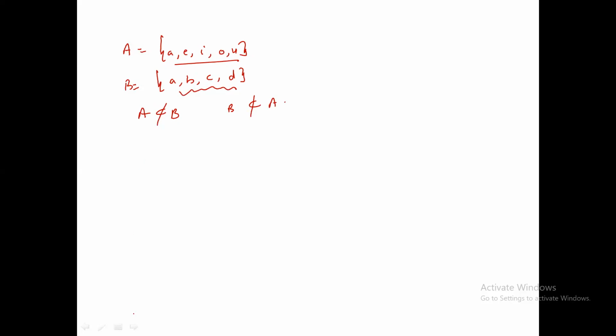Okay. Then there is something called a proper subset. What is a proper subset? Proper subset means A can be a subset of B, but A should not be equal to B. Then I will say A is a proper subset of B. I can say this.